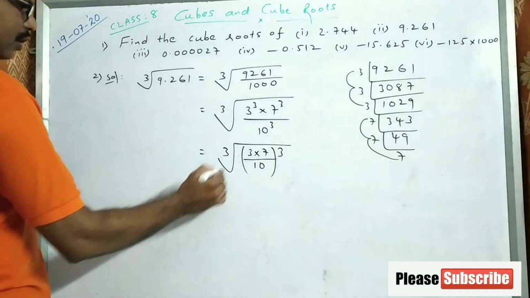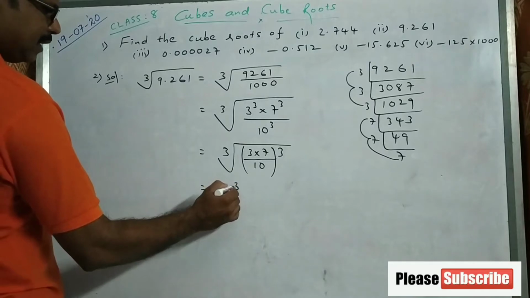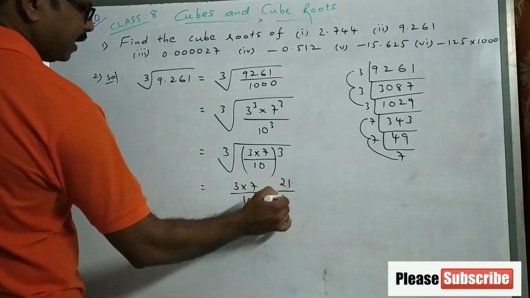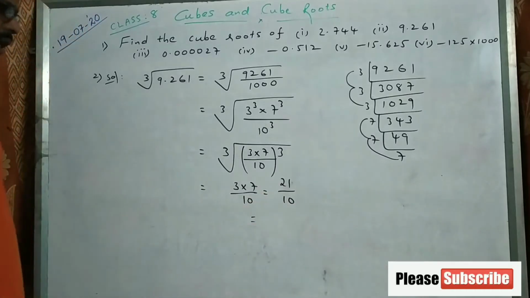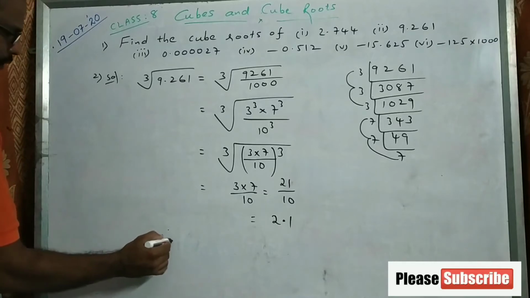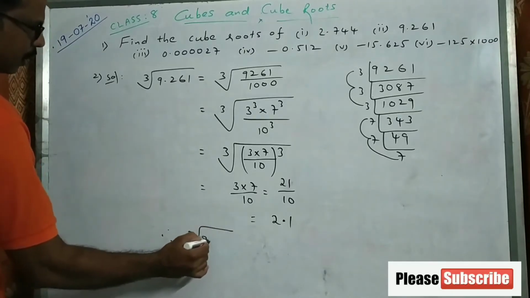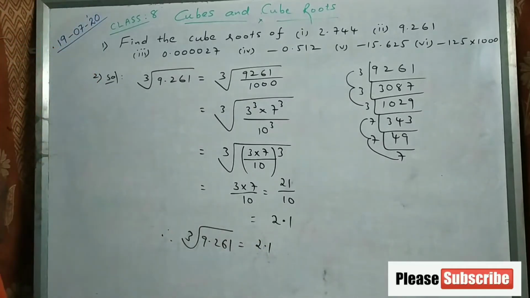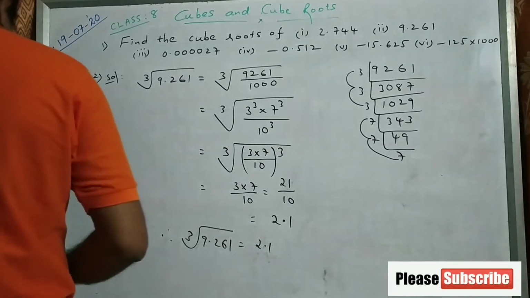Now the cube root and cube get cancelled. 3 into 7 upon 10. 3 sevens are 21 upon 10. 21 upon 10 means how can we write? 2.1. Therefore, the cube root of 9.261 will be 2.1. Okay? Right.